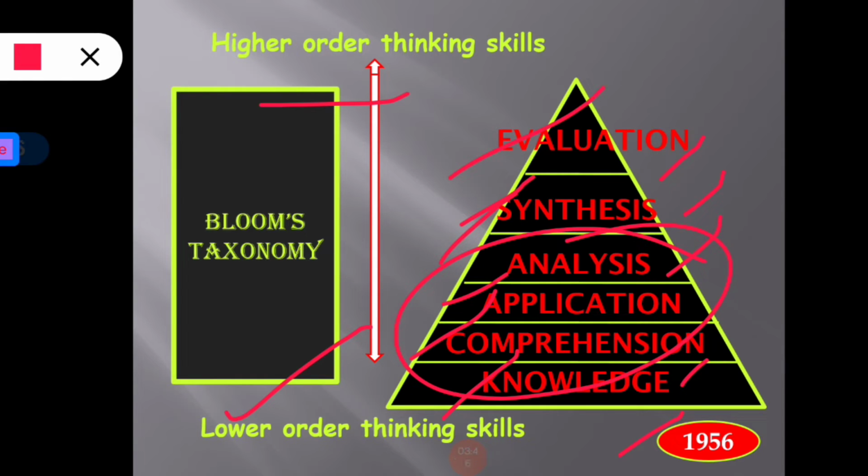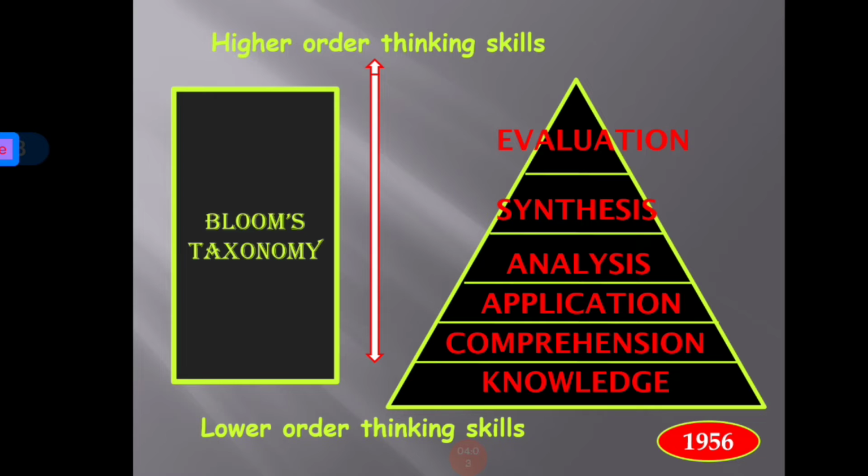So the teacher evaluates their students through different types of tests, assessments, questions, etc. So I think this is clear to everyone. So the cognitive domain of Bloom's taxonomy is clear to everyone. Now move on to the next slide.